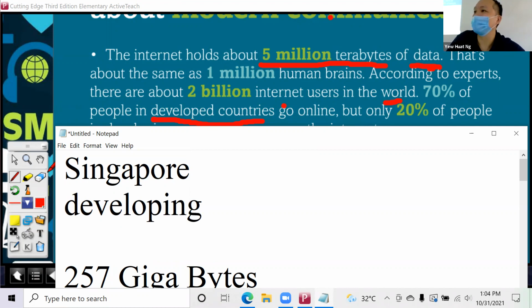Developing. Yes. So you're like, huh? Okay, listen carefully. In China, there are parts of China that are more developed than Singapore. You go to Shanghai, Beijing, wow, they are more developed than Singapore. But because China is so big, there are so many parts that are not developed. I'm so glad you understand, because sometimes my students will say China is more developed than Singapore.